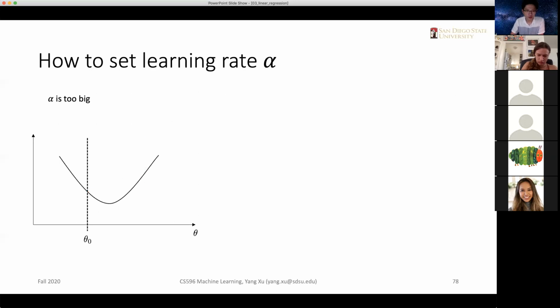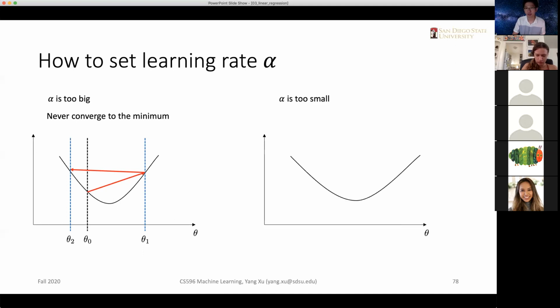When we want to update theta 0 into theta 1, if alpha is too big, then we might miss the minimum point because we moved theta to a point that's too far away. We go for a step that's too big. And in the next iteration, we just zigzag around the minimum point, never approaching the actual minimum. We never converge to the minimum.